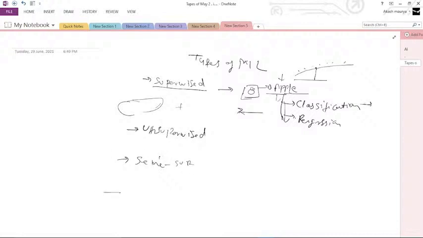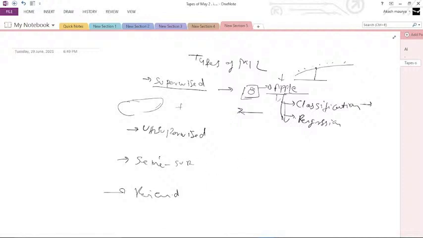Okay, and then the last one is reinforcement learning. This one is interesting. So what is reinforcement learning? In reinforcement learning, it's based on a reward and punishment policy. This is mainly used in game playing.